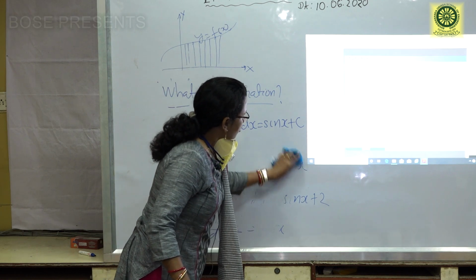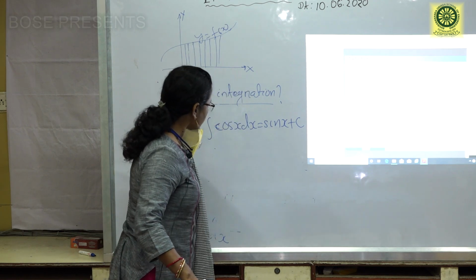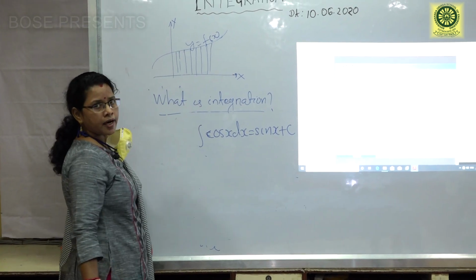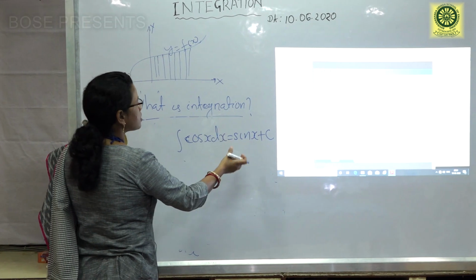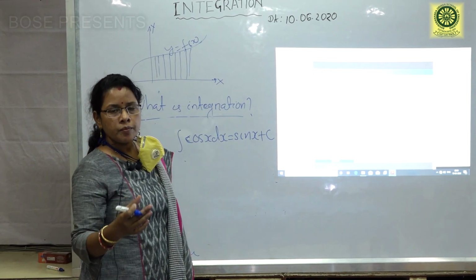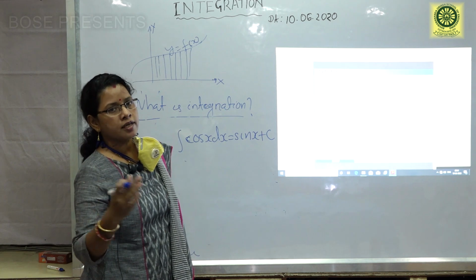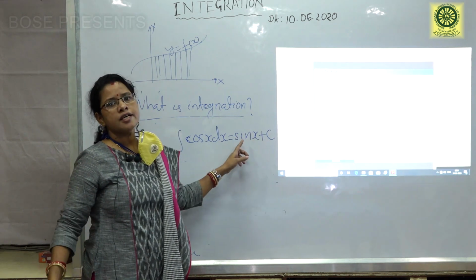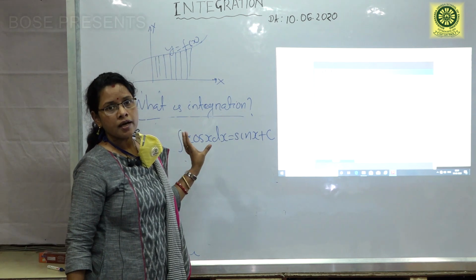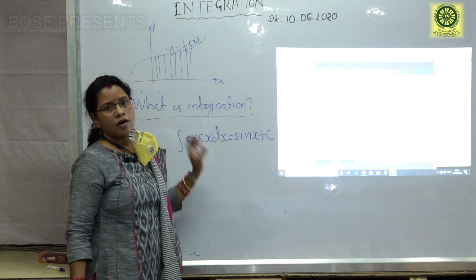So here you have concluded that the integral of a function is not unique. For example, the integral of cos x may be sin x, sin x plus 2, or sin x plus any constant. That is, sin x plus c is the family of integrals of cos x.